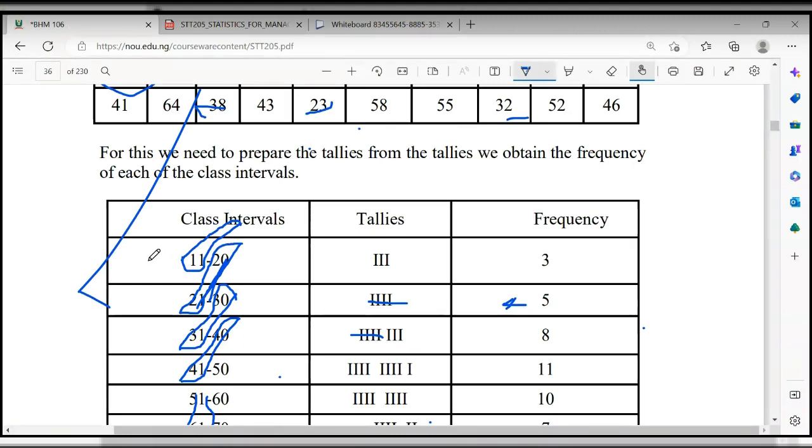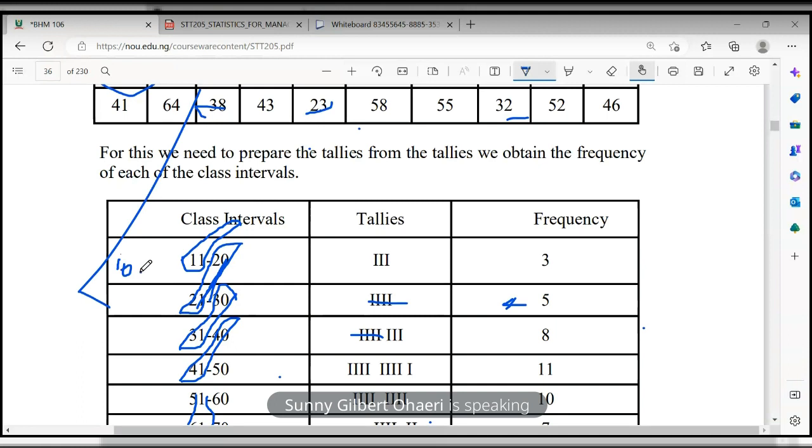The upper boundary you are going to get here will be the lower boundary for this one. Do you understand? The upper boundary for this place will be the lower boundary for the next one. That's how it looks if we do it very well. So by the time we solved this one, we got 10.5 here.